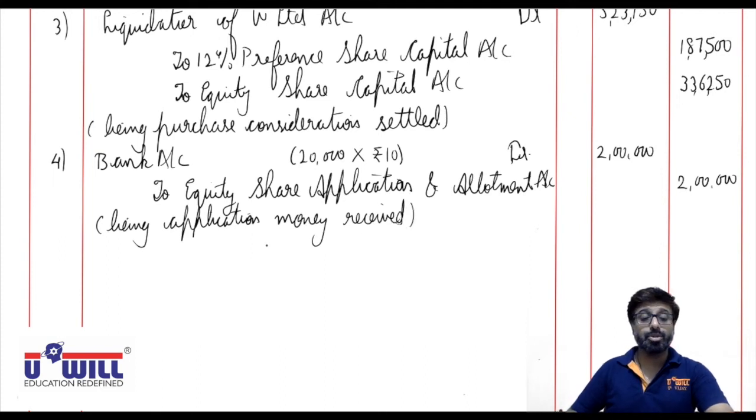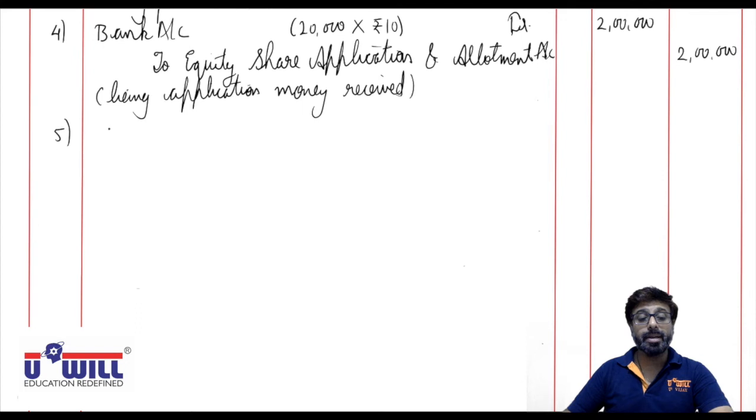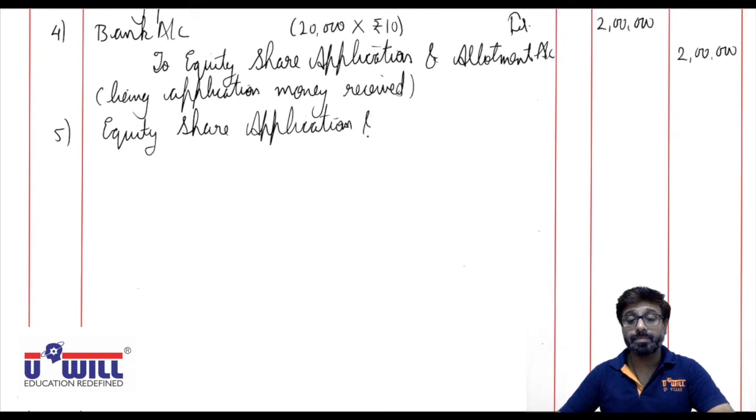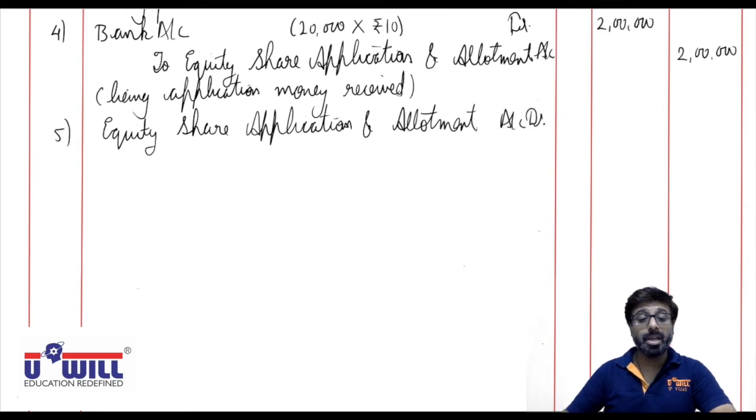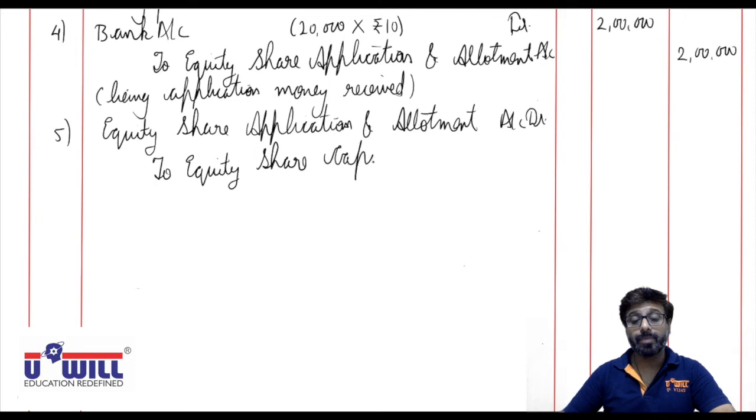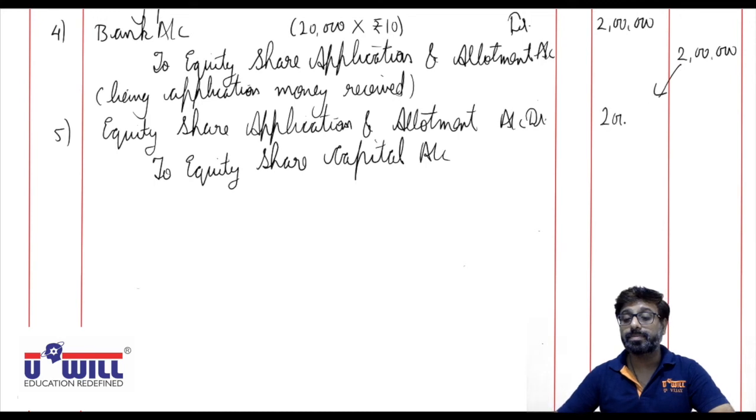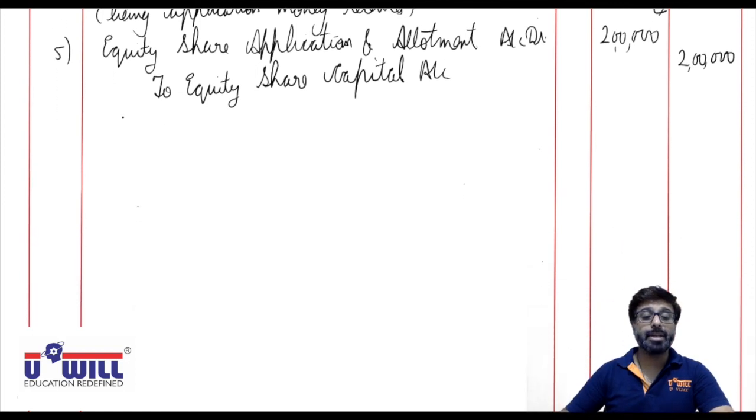Then we'll transfer it to share capital. So equity share application and allotment account debit to equity share capital account with full amount of 2 lakhs. Being application money transferred.